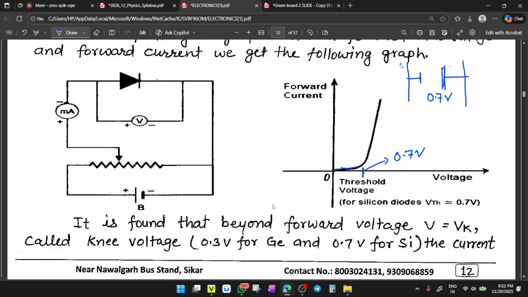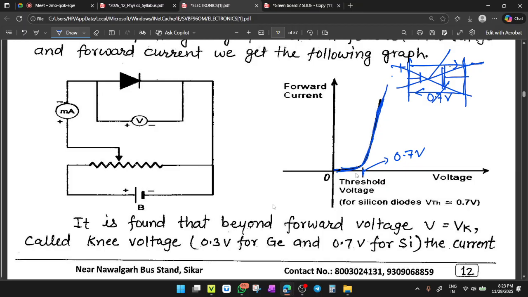But as you apply exactly equal voltage, the electric field in the opposite direction cancels the barrier electric field, and this gate that was closed for holes and electrons now collapses. There is a free entry for holes and electrons, and the current will increase very high. Clear or not clear?